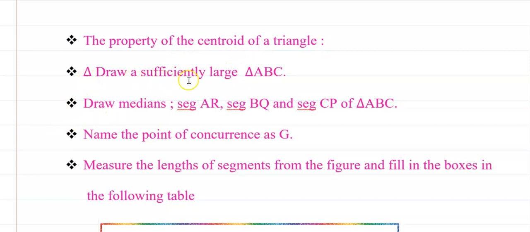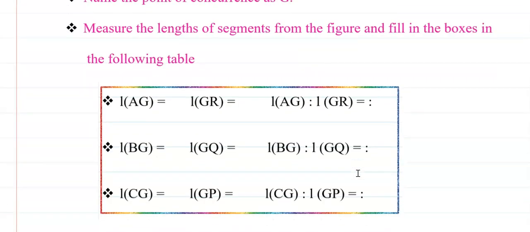Draw a sufficiently large triangle ABC so that you can measure the lengths of the median parts. Draw the median segments AR, BQ, and CP of the triangle ABC. Name the point of concurrence G. Measure the lengths of the segments from the figure and fill in the boxes in the following table.